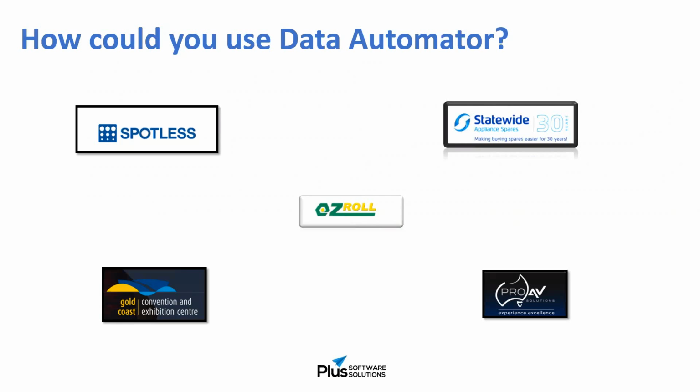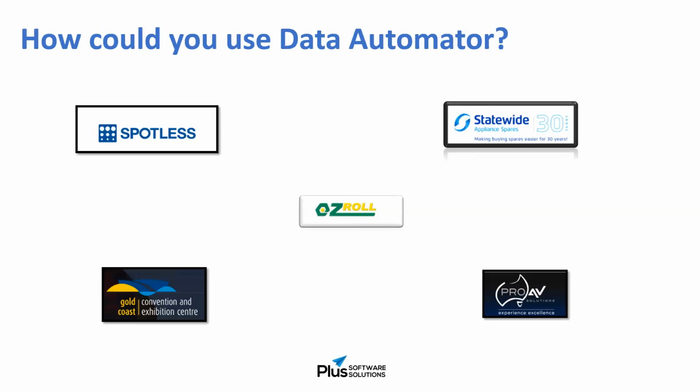So they get a view of all the things that need to be ordered, whether it is a purchase order, a sales order, or assembly or something like that. But there's a gap between this system and their business system. So they want this information to flow automatically into their business system. So that's where Data Automator comes in. You can set up rules that link these two pieces of software together automatically without any other user interaction.